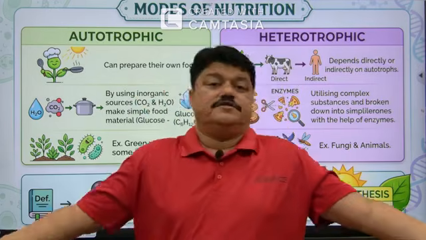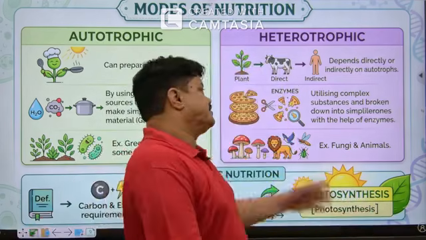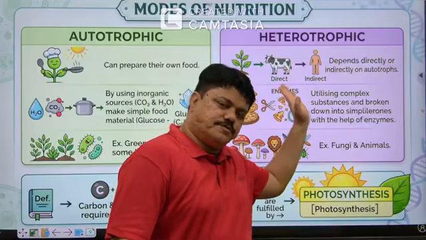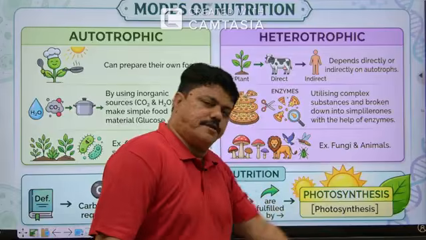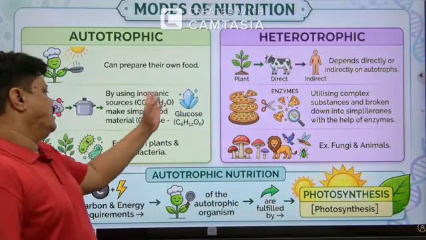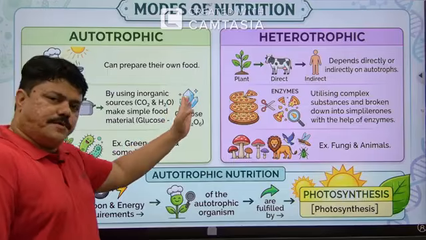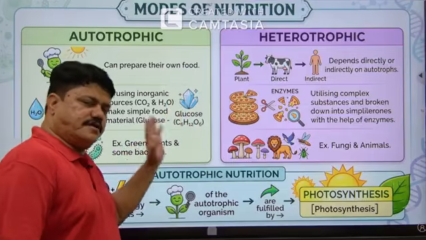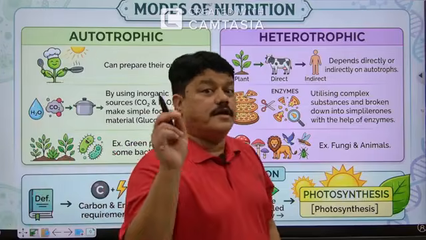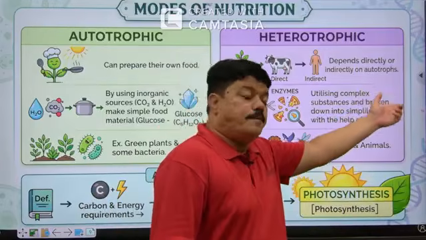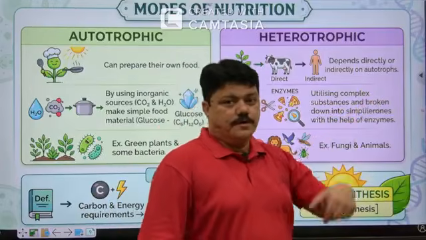Animals do not possess chlorophyll. They have to depend on autotrophs for their food requirements. So using CO2 and H2O, autotrophs prepare simple food materials such as glucose. But in case of heterotrophs, we utilize complex substances.